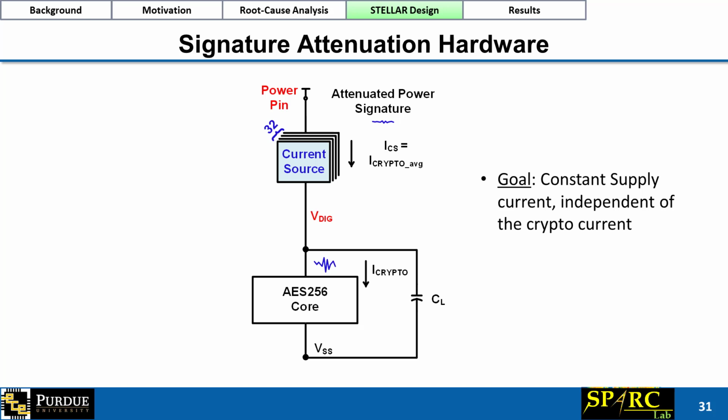The goal is to have a supply current independent of the crypto current. To achieve that, we utilize a current source on top of the AES core as shown here. The top current source stage provides a constant current, which is the average AES current, while the load capacitor accounts for the differences in the current.